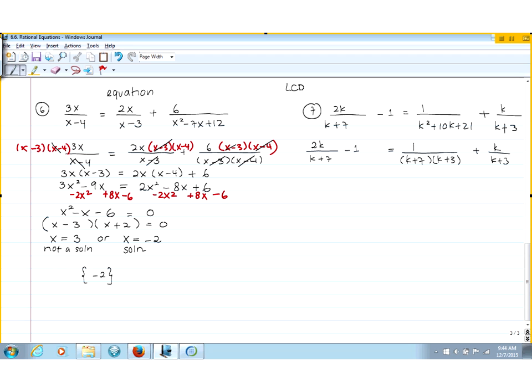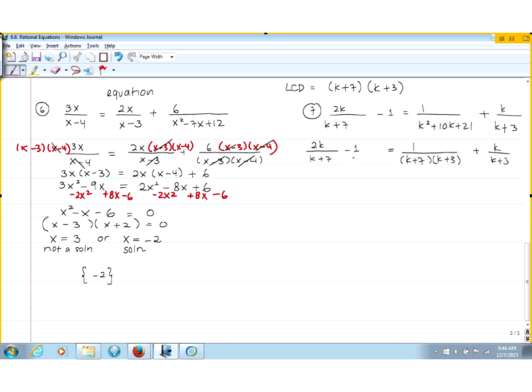So, do we know the LCD? What is the LCD? k plus 7. What's the highest exponent for k plus 7? Just 1. Yeah. k plus 3. What is the highest exponent for k plus 3? Just 1, which is nothing. We don't write the exponent unless we have a square.